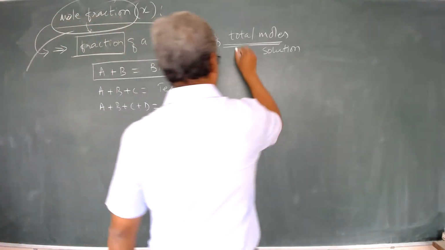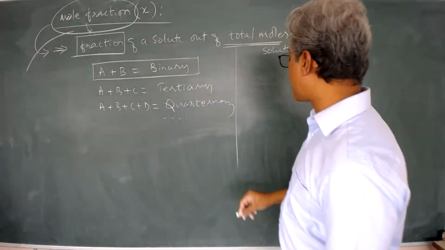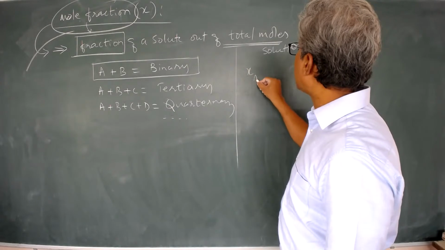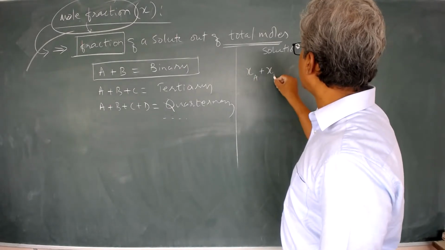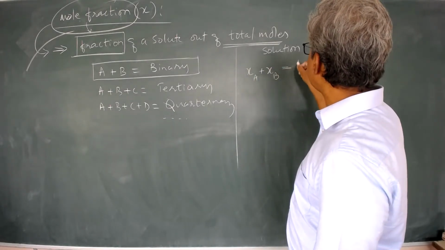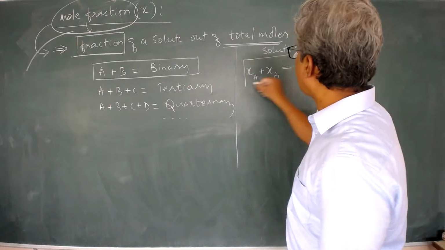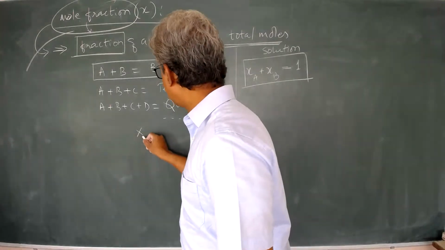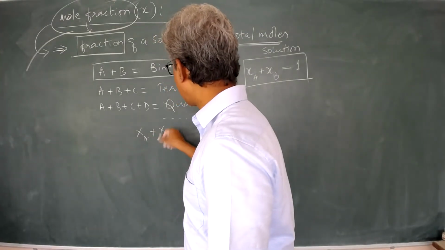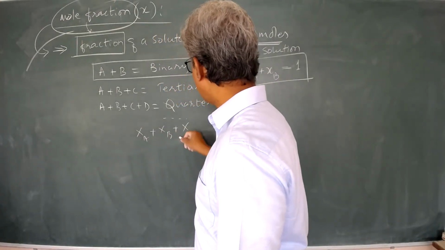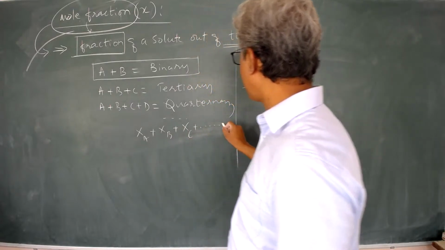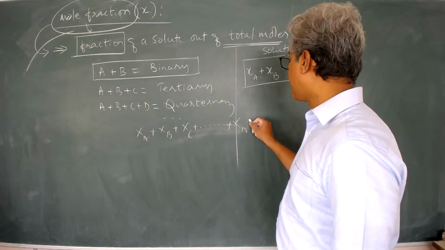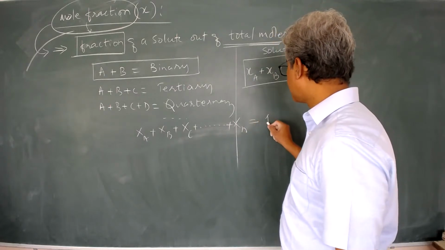And in that case, what we notice, the most important factor to remember, is that mole fraction of A plus mole fraction of B will always be equal to 1. It also means that mole fraction of A plus mole fraction of B plus mole fraction of C plus and so on, the sum of the mole fractions up to N, will always be equal to 1.